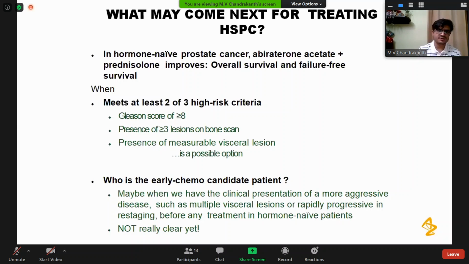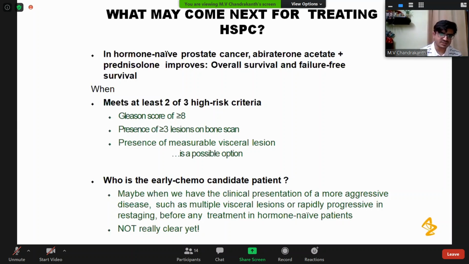So what may come next for treating hormone-sensitive prostate cancer patients is this: in hormone-naive prostate cancer, abiraterone plus prednisolone improves overall survival and failure-free survival only when it meets at least 2 of the 3 high-risk criteria: Gleason's of 8 or more, presence of 3 or more bone lesions, or presence of a measurable visceral lesion.